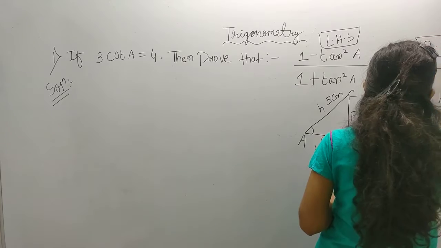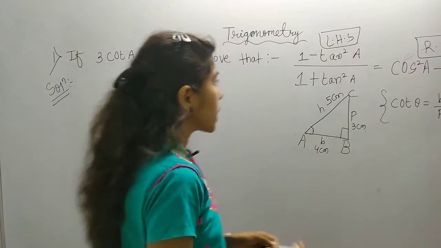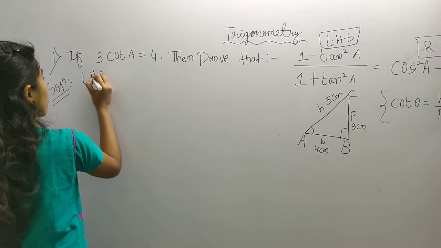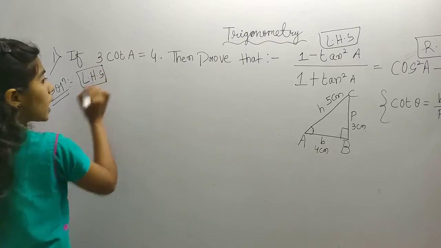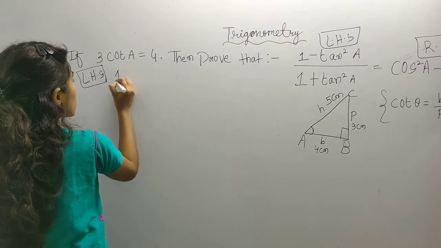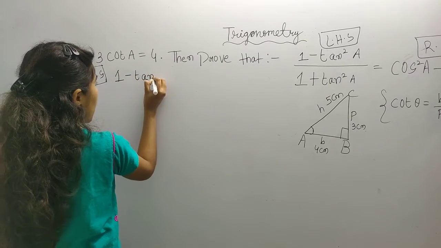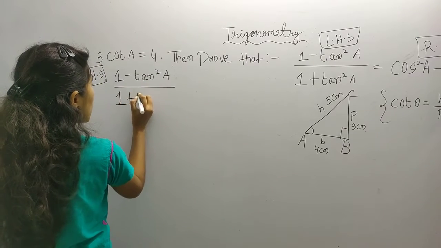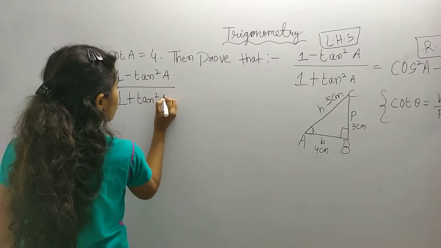So we have to prove this one, right? So let's see first LHS. What is given in LHS? 1 minus tan square A by 1 plus tan square A.